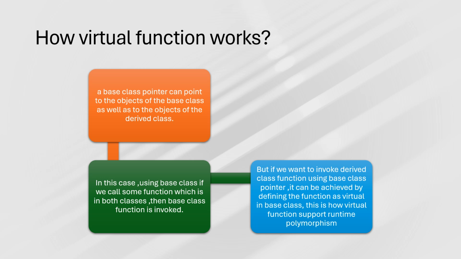How does a virtual function work? A base class pointer can point to an object of the base class as well as to an object of the derived class. In the base class we can declare the variable as a pointer variable.